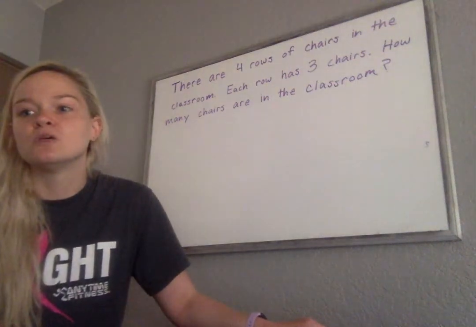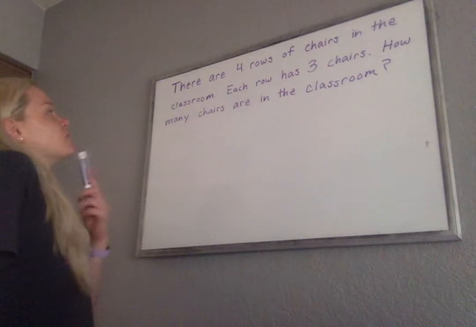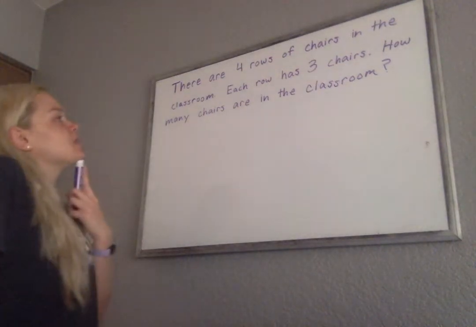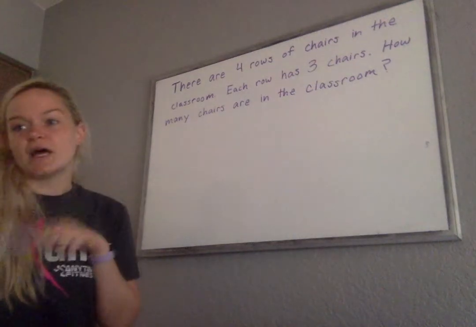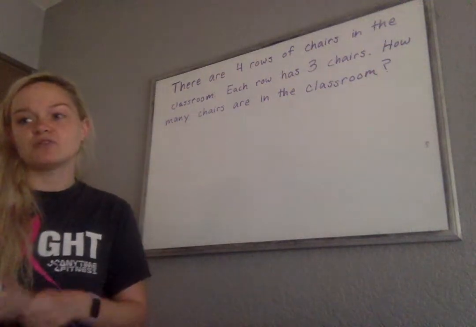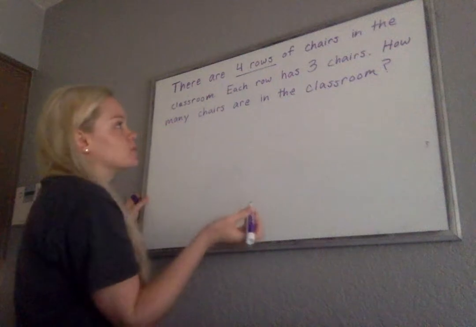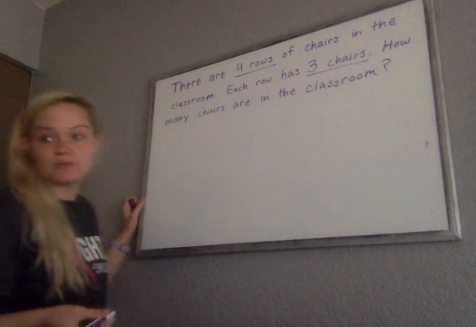Okay, so we're going to read our question first. There are 4 rows of chairs in the classroom. Each row has 3 chairs. How many chairs are in the classroom? So we're trying to figure out the total amount of chairs in the classroom, okay? So I know I'm going to have 4 rows, and each of those rows is going to have 3 chairs, okay?